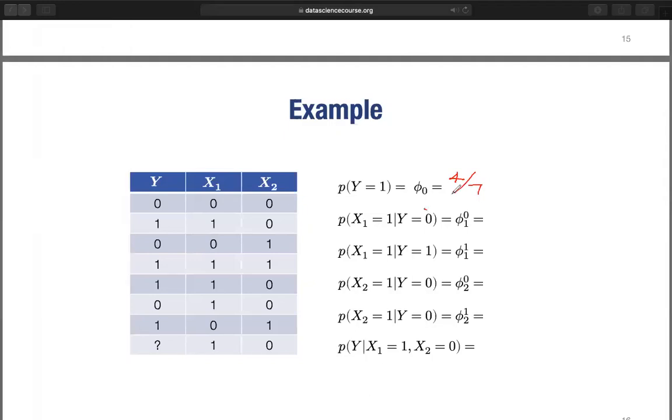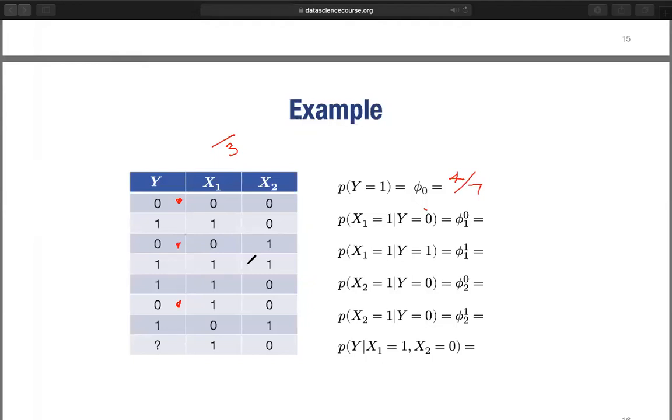So let's check it. We are saying the probability of x is equal to 1, given y is equal to 0. First things first, let's identify all the zeros.